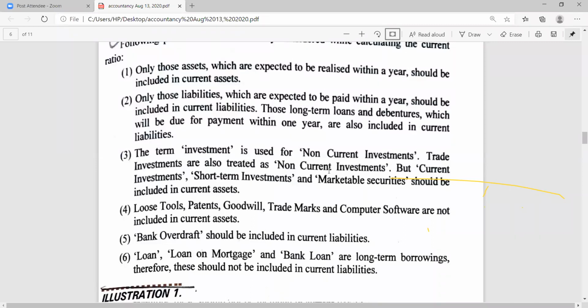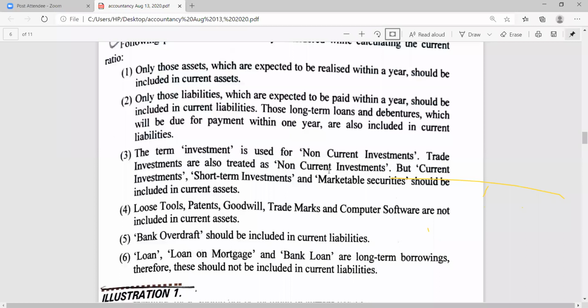Loose tools, patents, goodwill, trademark, and computer software are not included in current assets.